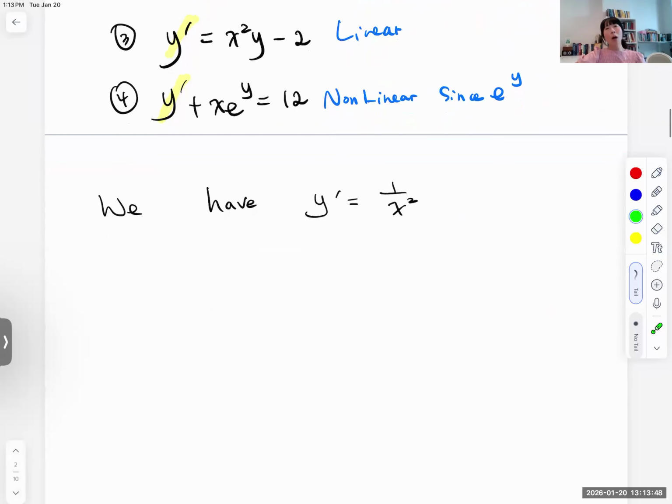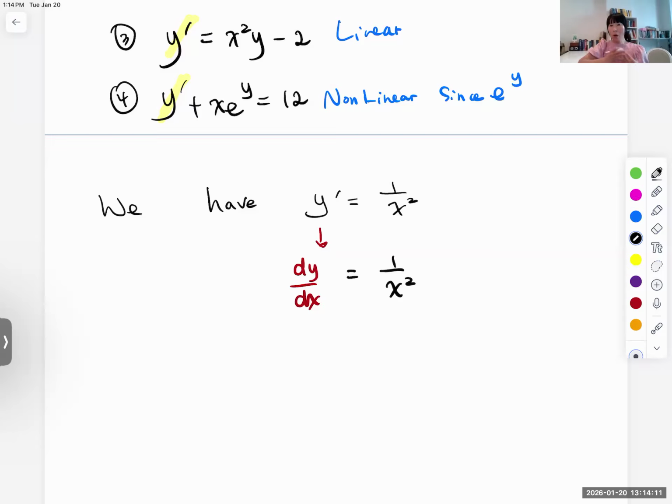So we have y prime equal to 1 over x squared. We can express y prime as dy over dx, equal to 1 over x squared. Our goal is the solution, which is y equal to something.